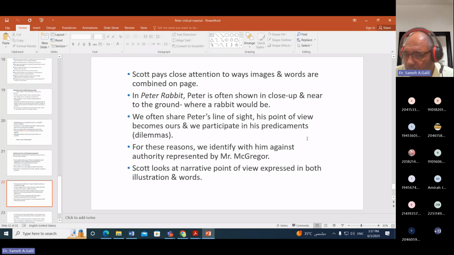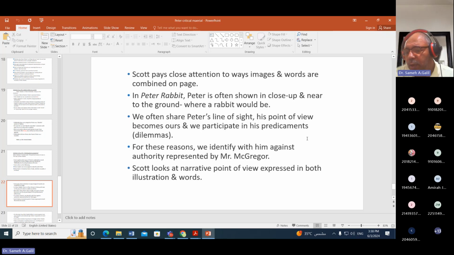Peter is often shown in close-up and near to the ground positions, and because he is a rabbit, he is near the ground, but close-up, and he is normally in our line of sight. We share Peter's line of sight, and this is an indication that Potter is trying to make us identify with and accept Peter's point of view. We may even participate in his dilemmas and predicaments.